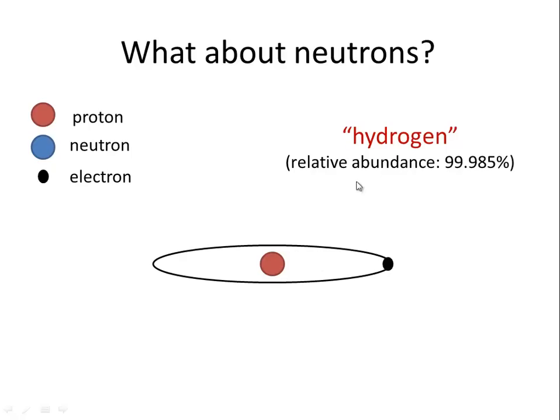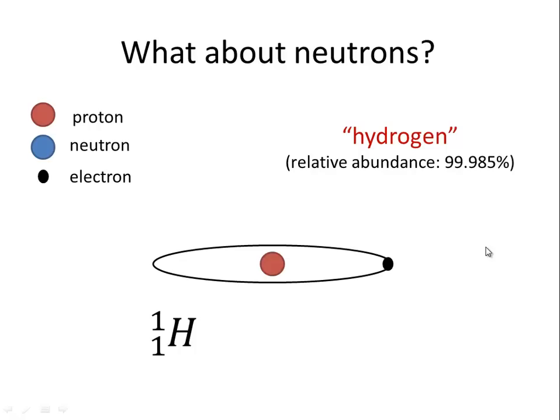That is the most common form of hydrogen in the universe by far. And the relative abundance, that's just a fancy way of saying, this is the percentage of all hydrogen atoms that have this configuration in the nucleus. That is, there's no neutrons.